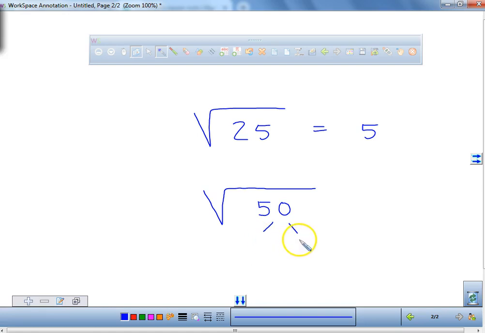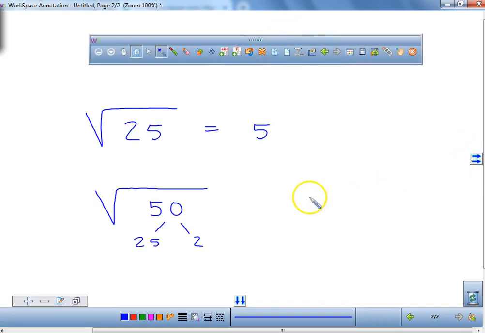A 10, right? A 5, right? What else? 2 and a 5. Oh, look at that. I'm going to put 25 and then we'll put 2. I got 2 different factors. I'm going to do it a totally okay way.